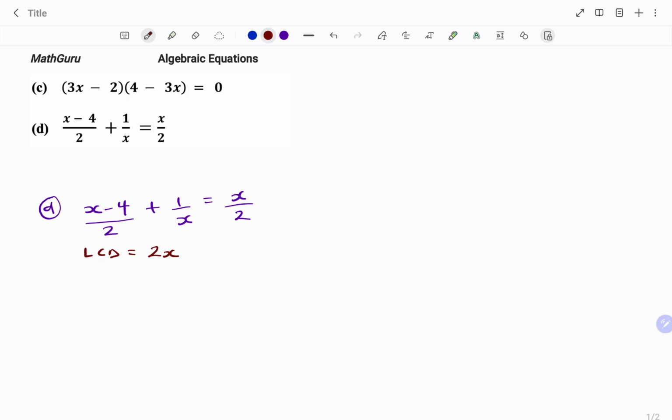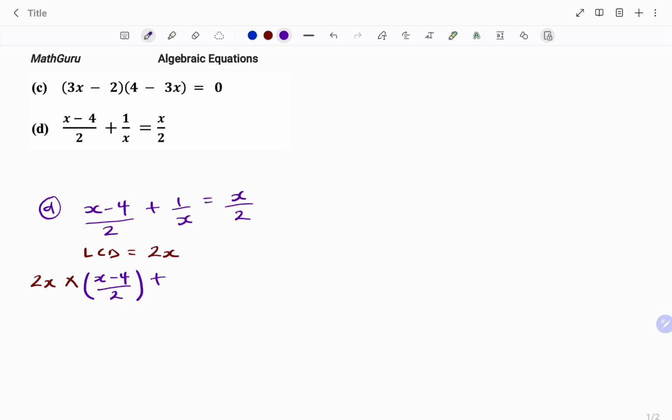Note that all the denominators must be a factor of my LCD. So the next step is to multiply each of the terms by my LCD. So I have bracket x minus 4 divided by 2. I have 2x times, I'm multiplying each term by the LCD.